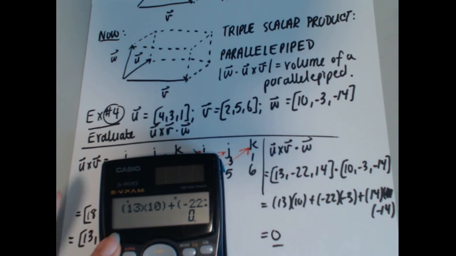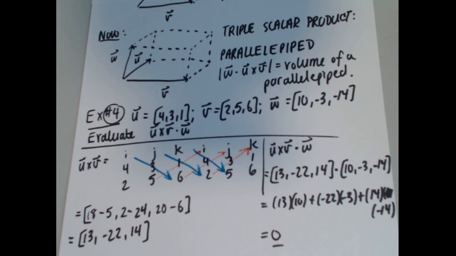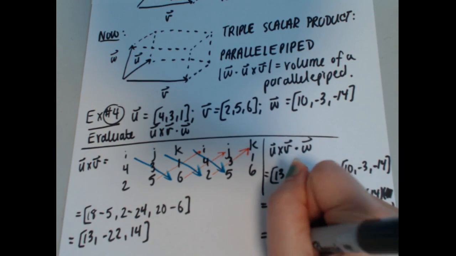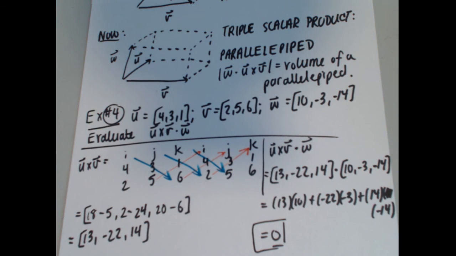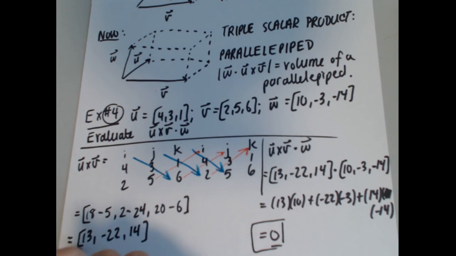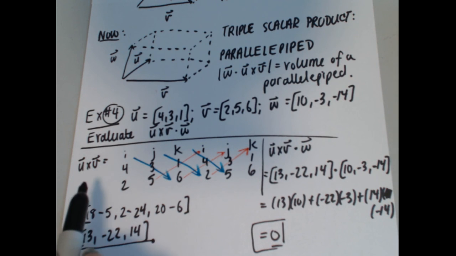We get 0. Well, I'm sure that's not what you were expecting. How do we end up with a volume that is 0? Well, think about this. We determined this value by taking a dot product. One of its components came from a cross product. When you take the cross product of two vectors, u and v, I know that this result is perpendicular to both u and v.